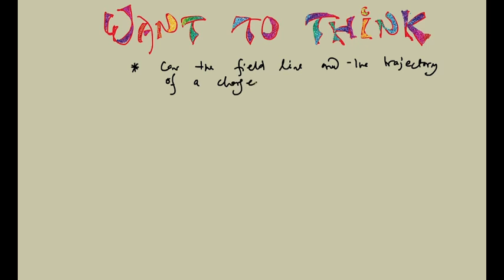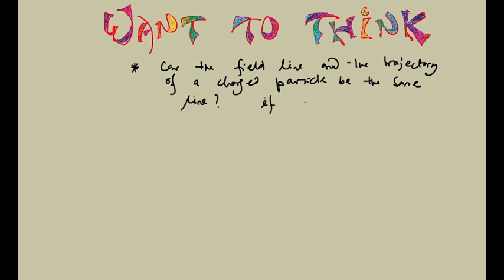So next is the last thing. As you can see, I'm asking that you want to think. Since this is a representative video, I will leave you with two questions to think deeply. Can the field line and the trajectory of a charged particle be the same line?